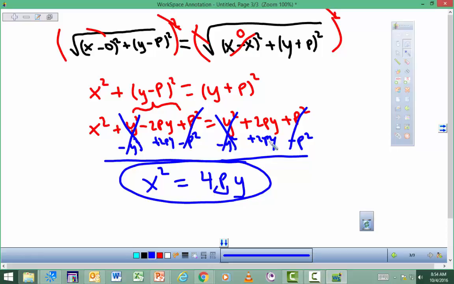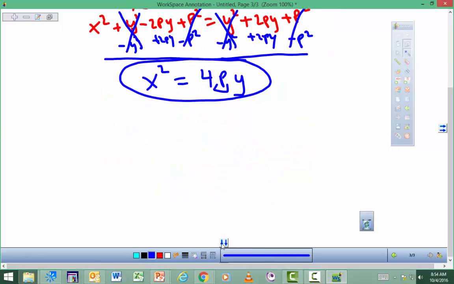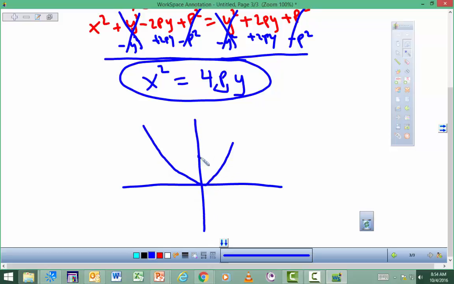Let me go back to my picture here. What I had drawn for you before, please note this, is I had a parabola drawn right here, right? And the focus point was right here. Here's our capital F. And this distance here is p, the distance from here to here.